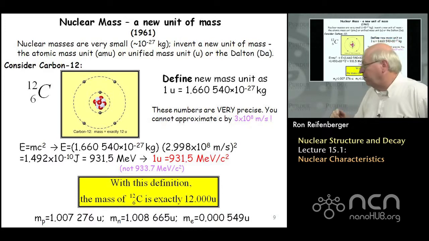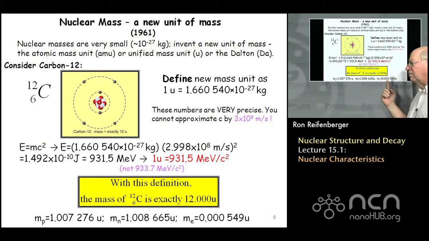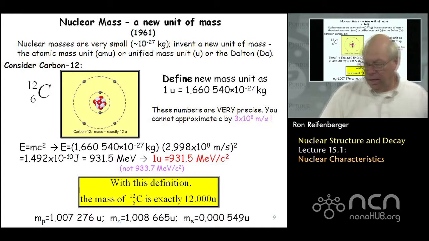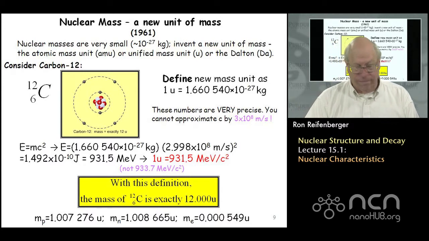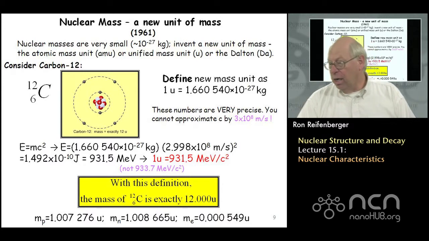And of course, the mass of an electron is about 1,800 times smaller than either the proton or the neutron mass. So we'll make use of these definitions in the next 10 or so lectures, and so it's important for you to know what those values are.